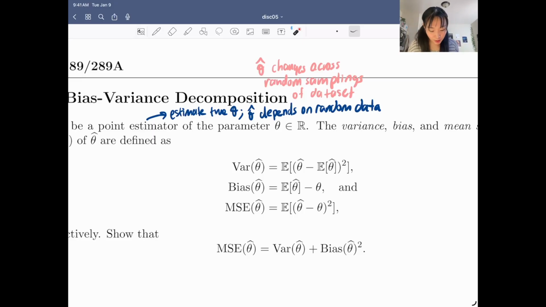We subtract that from this current parameter estimate, and then we essentially see how our data is spread. Every time we draw a new data hat, what is the spread of our data? And so this variance tells us how much our estimate fluctuates around its own average.